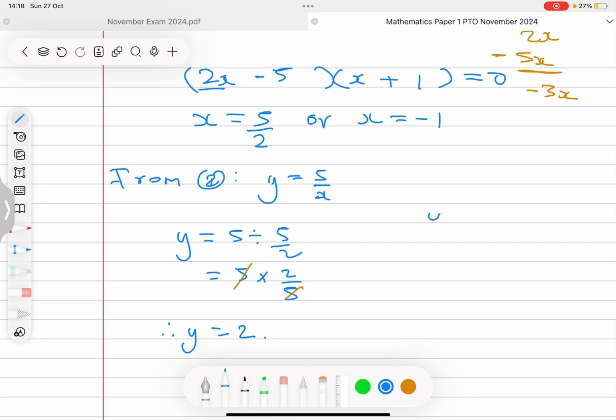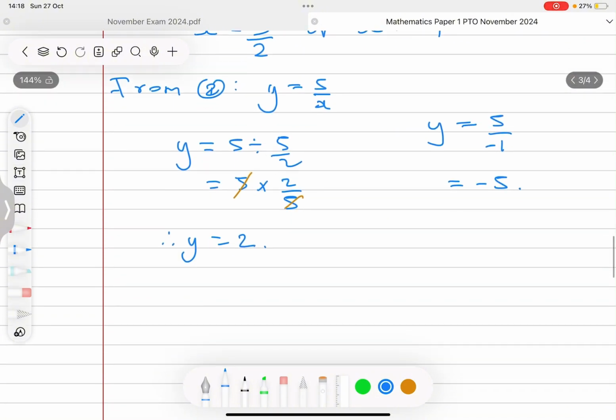You do the same with a 1, so that you have 5 over negative 1, because the x here is negative 1. Now this will give you negative 5. So our final answer would be that x is equals to 5 over 2 and y is equals to 2.